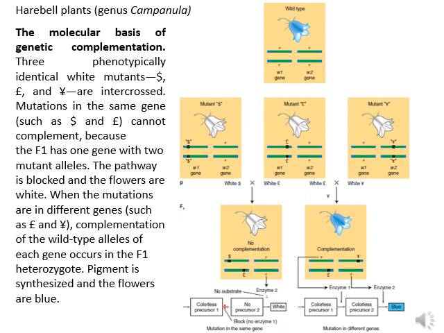The blue color is because of the blue colored pigmentation which is produced in this plant, and two genes are required for this blue color pigmentation. They are represented there, W1 and W2. The plus represents the wild type form of the gene, or the wild type allele.